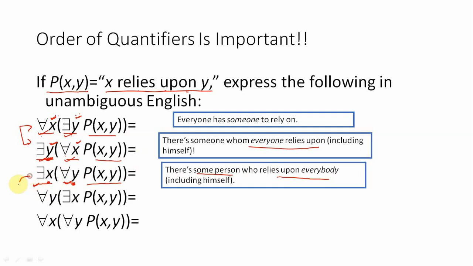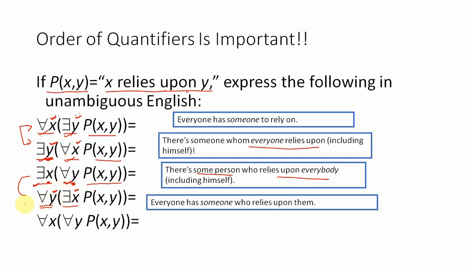Now if I reverse the order, for all y there exists x. Now it becomes: there exists a person x who is related to all the values of y. That means everyone has someone who relies upon them.